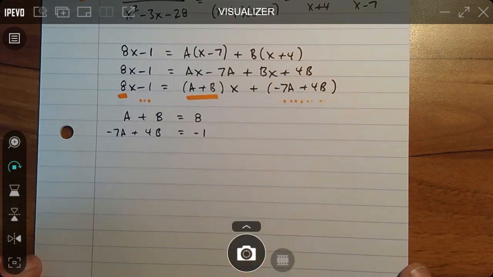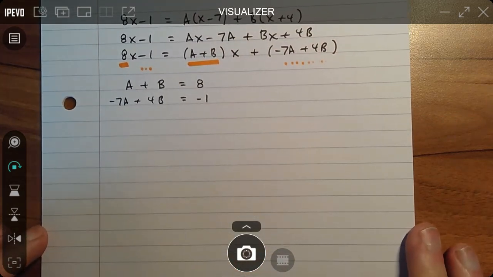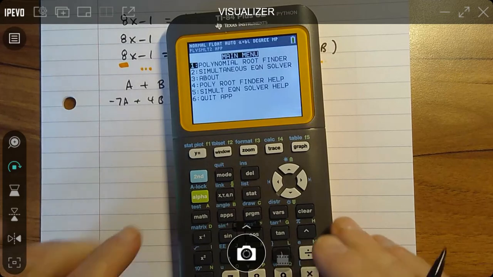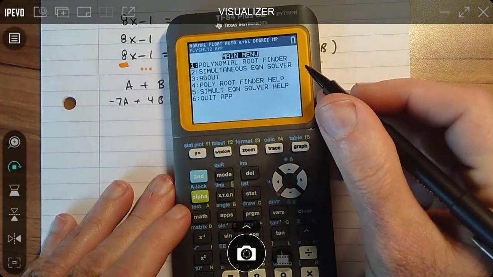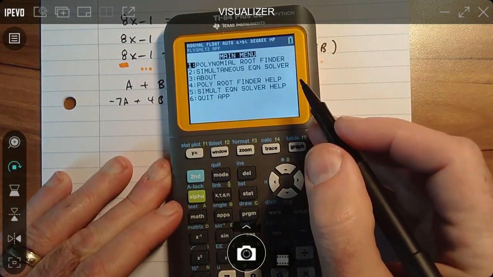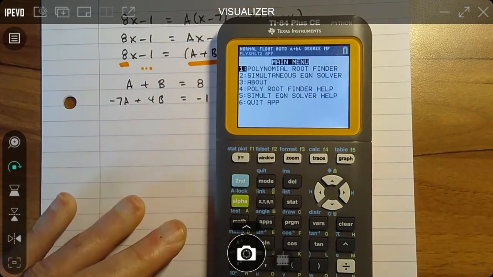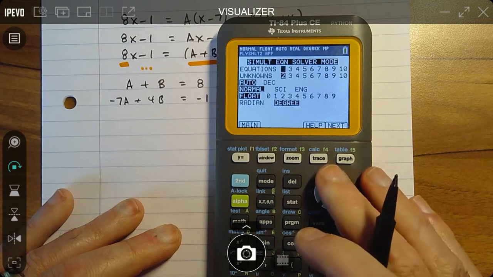So depending on your inclination, you could solve this by substitution, elimination, solve it by Cramer's rule, you could solve it using matrices. But since I was doing my advertisement here for PLYSMLT, we look at the SMLT part of PLYSMLT, it is the simultaneous equation solver. So let's look what PLYSMLT says about this one. Go to number 2.